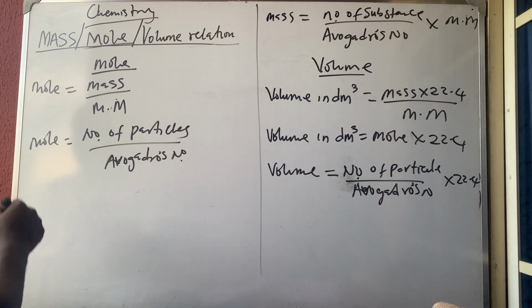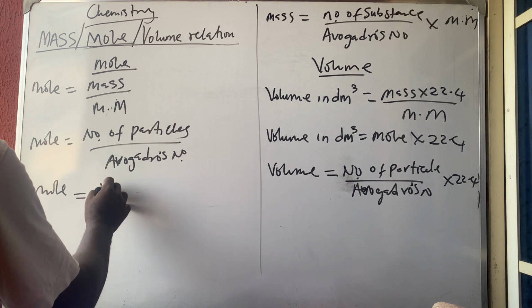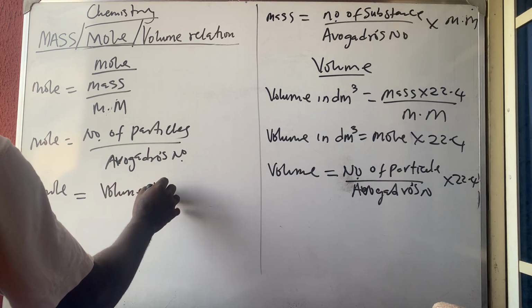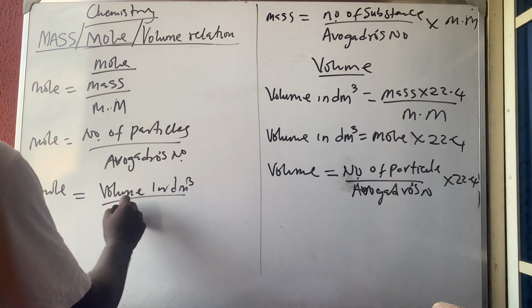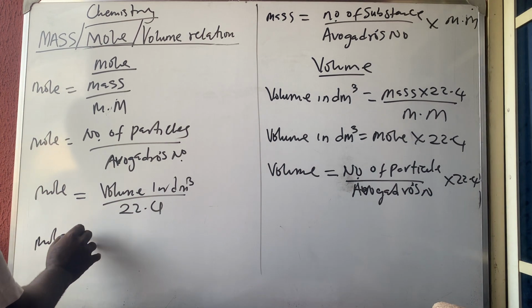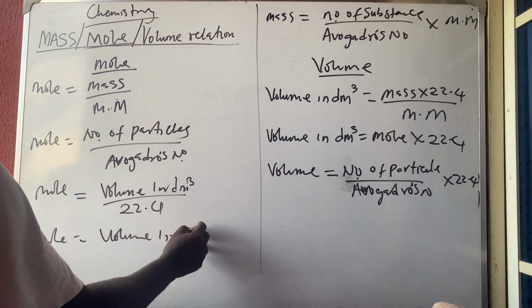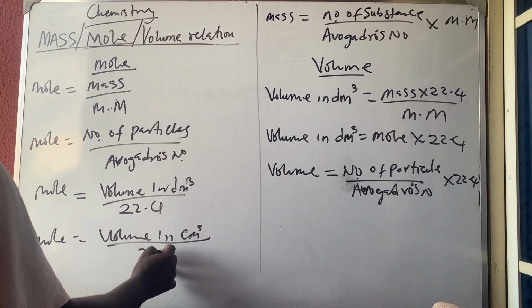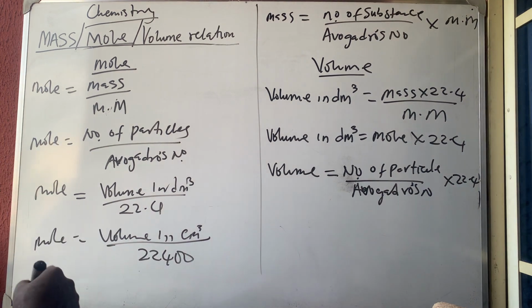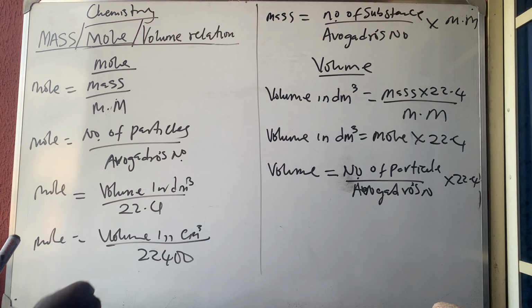Another way to get mole is by saying volume in dm cube all over 22.4. Another way is volume in cm cube all over 22,400. So that is that.